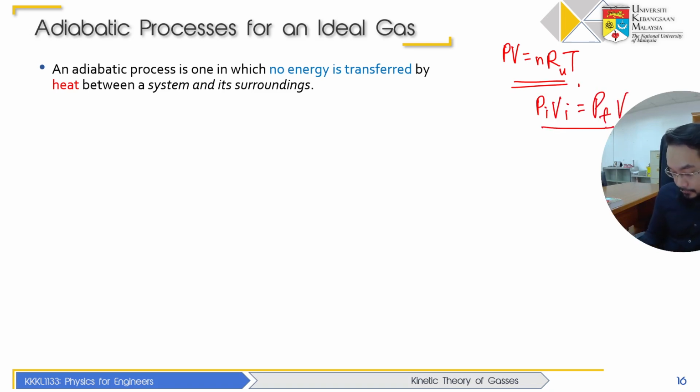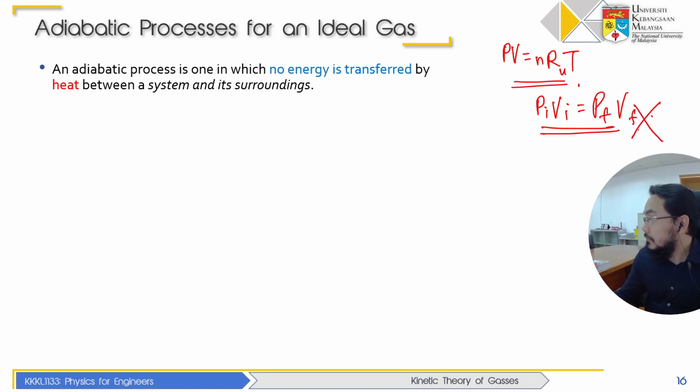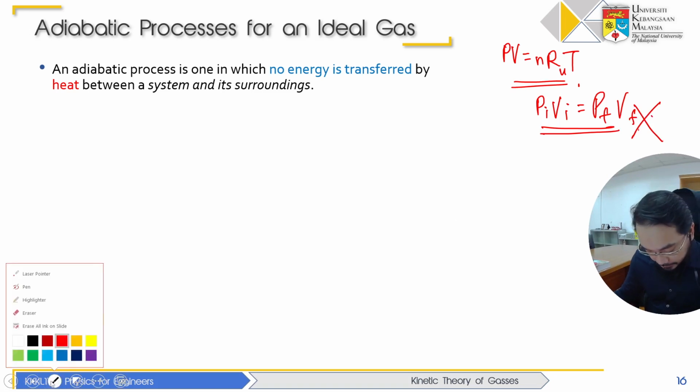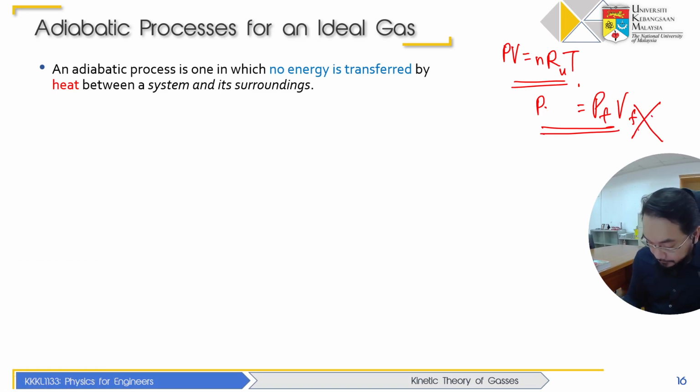This is true for other types of processes, but for adiabatic processes this is not accurate. So there is another relationship that we will look at. Let's look at that relationship now.